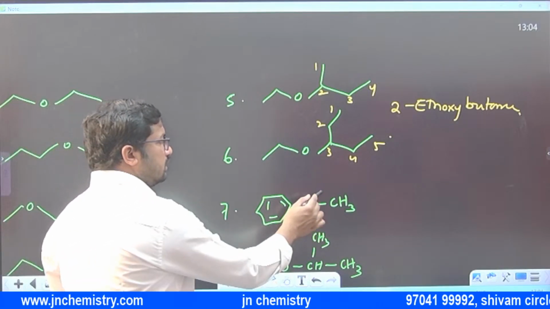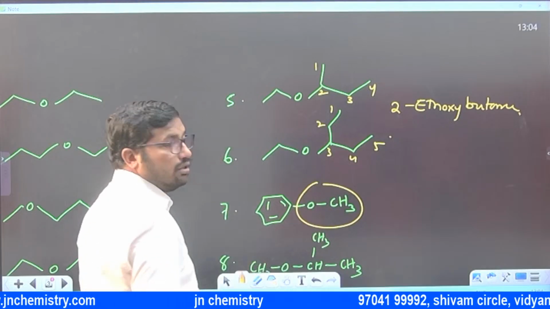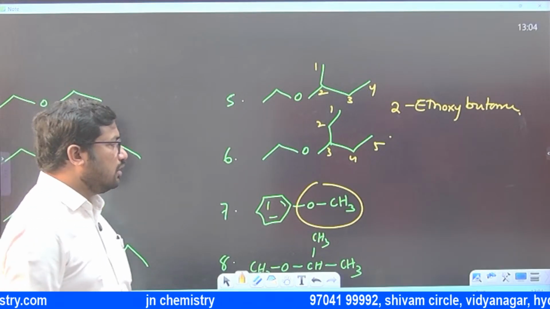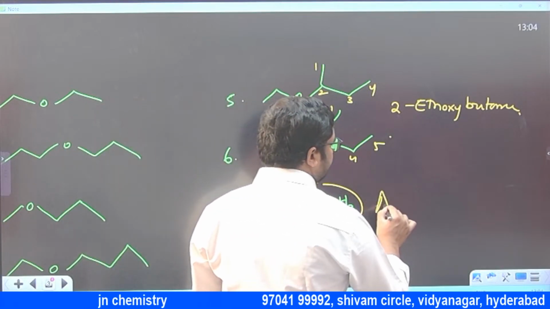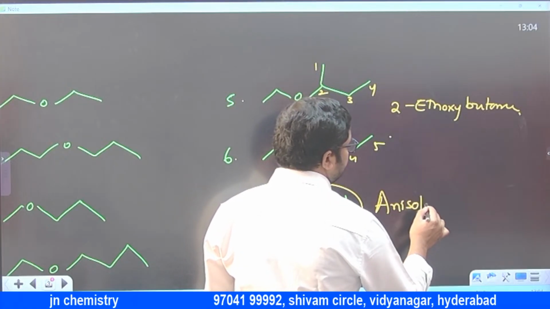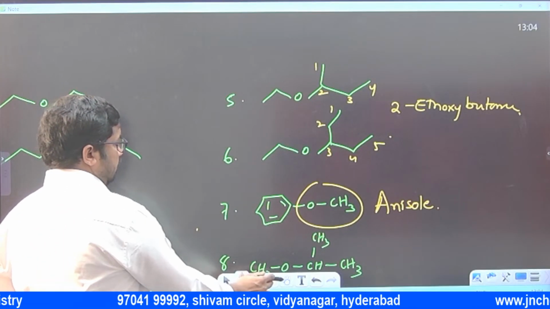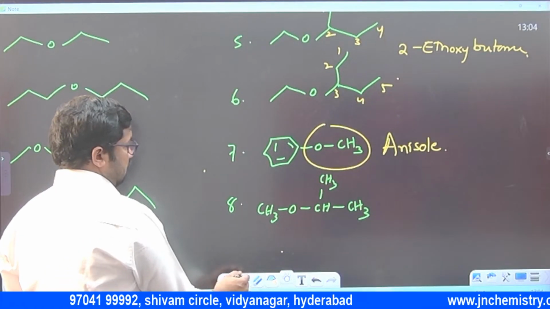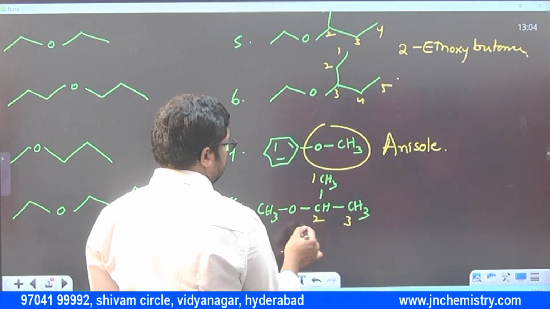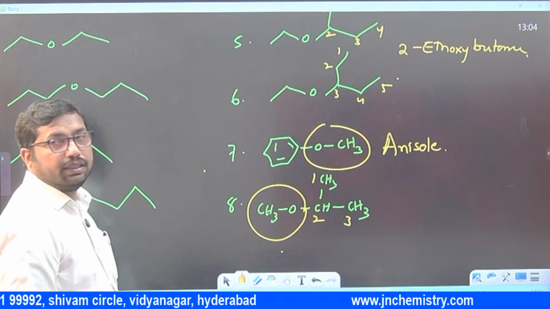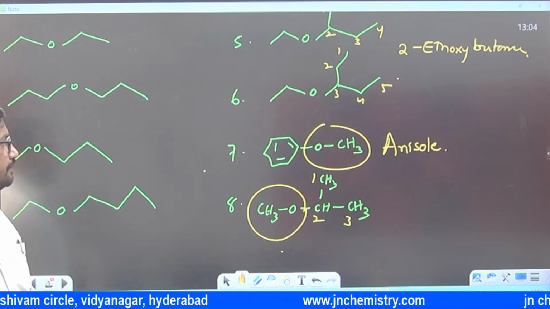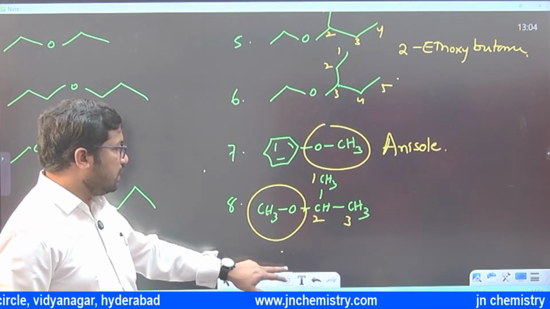This is methoxybenzene. Methoxybenzene. We could say this is anisole. Anisole. 2-methoxypropane. 2-methoxypropane.